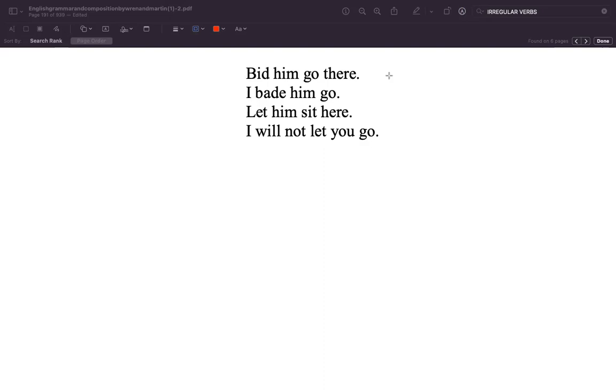And it is not mandatory to use to with this infinitive verb, but whenever we find the words bid, make, let, or you can talk about need, dare, right? After that, if we find any infinitive, that won't be used with to, right? That is what. Okay. So moving to the next one.